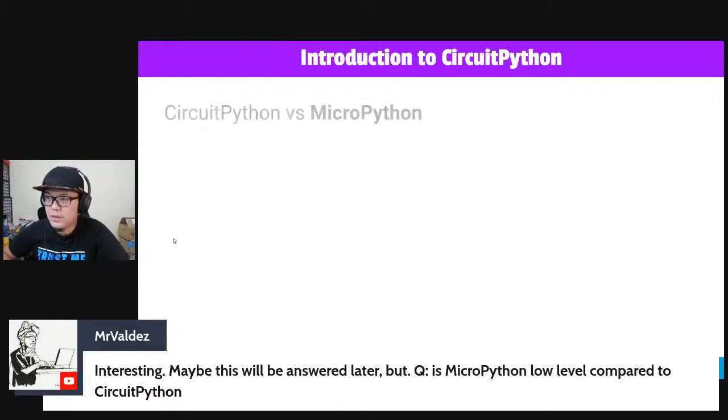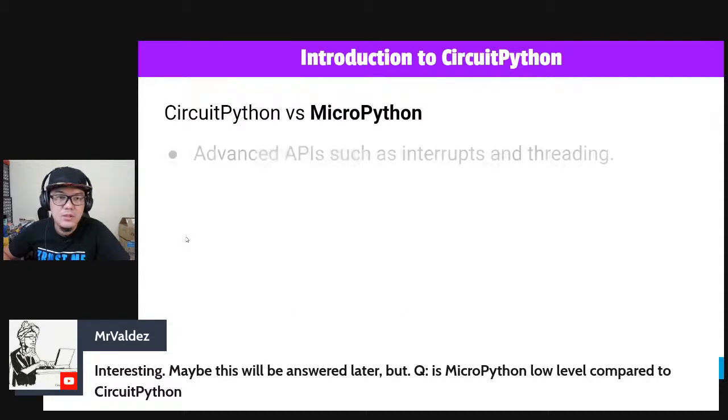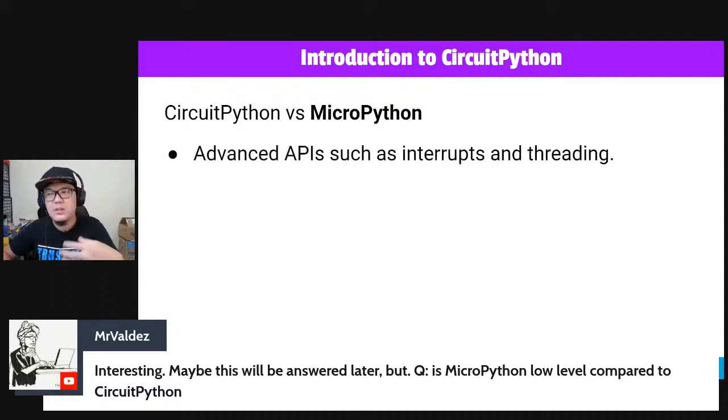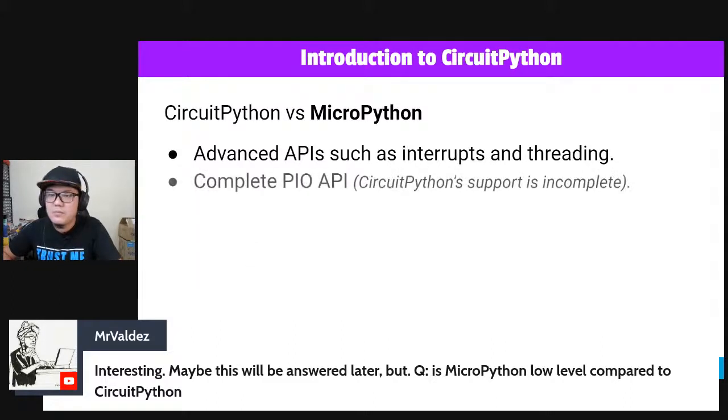Okay, so how about MicroPython? If you are using MicroPython, you have access to advanced APIs such as interrupts and threading. And you can have a complete PIO API. PIO API is one of the features in Raspberry Pi Pico.